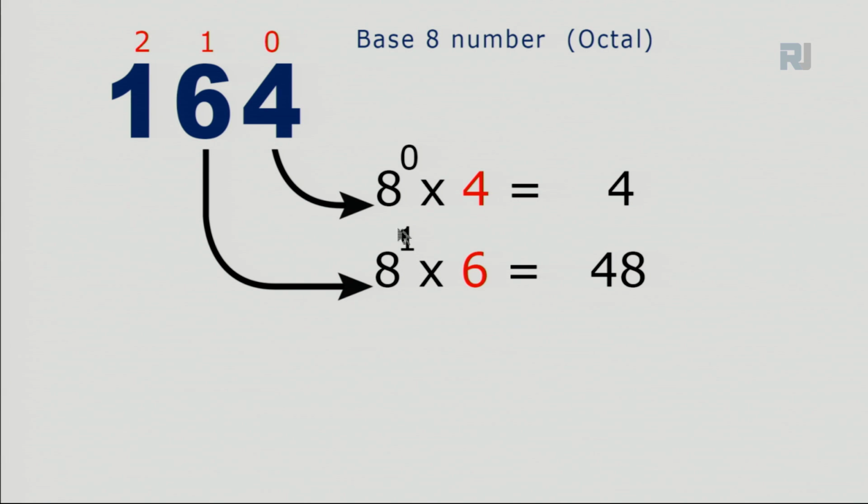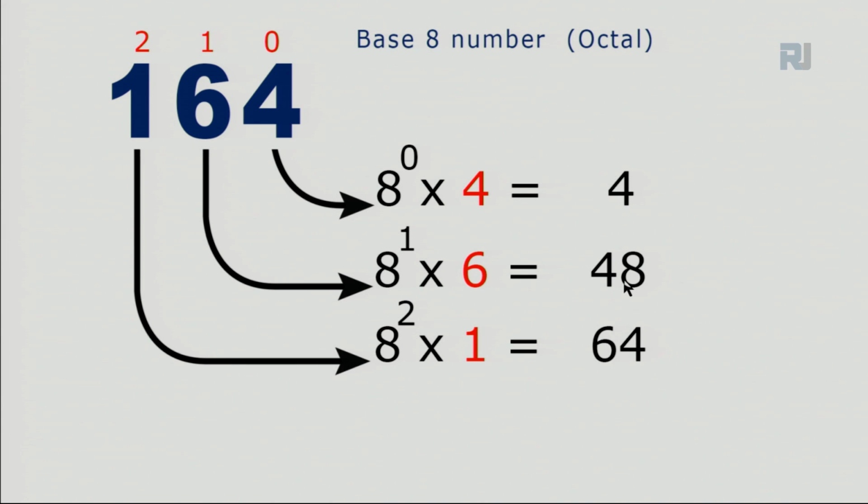So this value is 8 times 6, that is 48. And here 8 to the power 2, 8 times 8 times 1, that is 64. If we add it all together, the value is 116. You see, now we are representing a number with lower value, and this 10 means base 10. So this is 116 of decimal value.